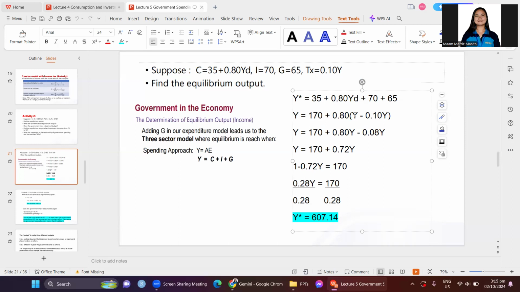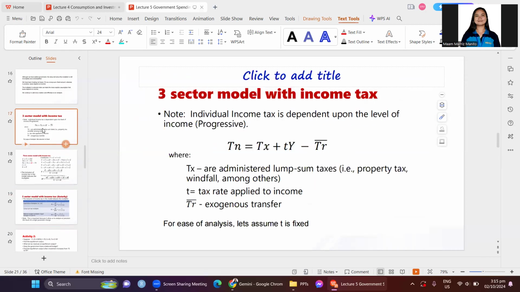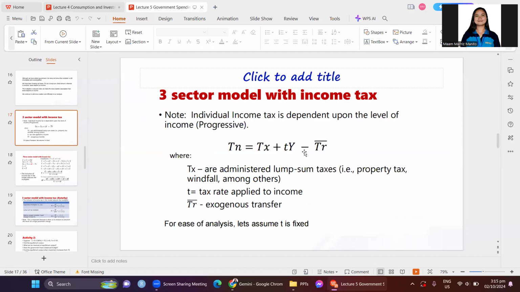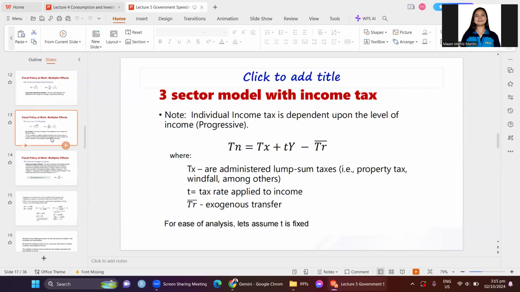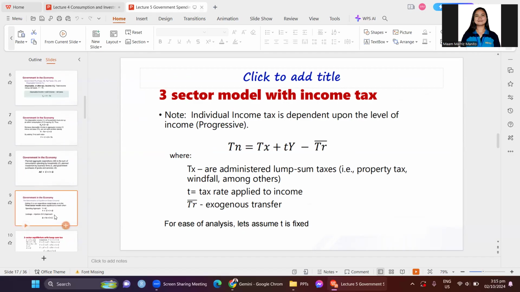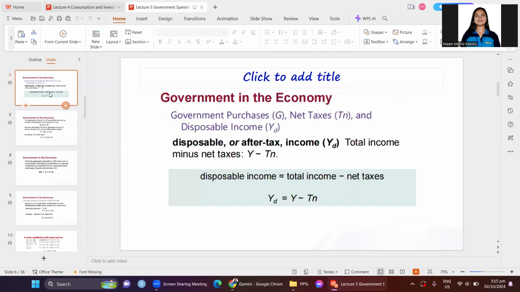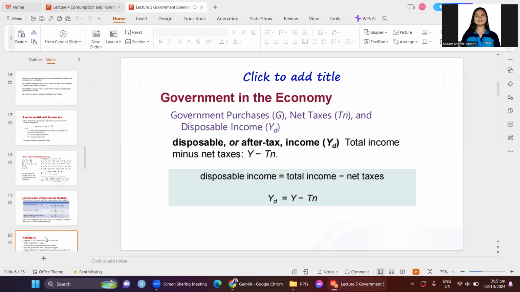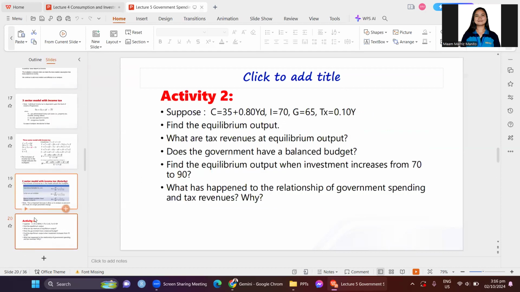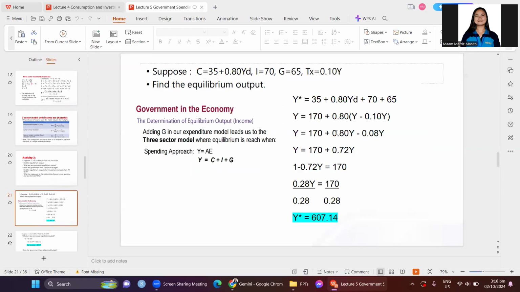Now, for the YD, you can calculate it by subtracting TN from Y. The way we calculate TN is through TX plus TY minus TR. Disposable income is Y minus TN. For the TN, since only the TX is given, we will assume that there is no TR.